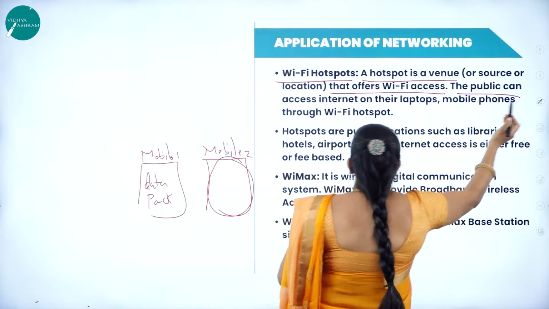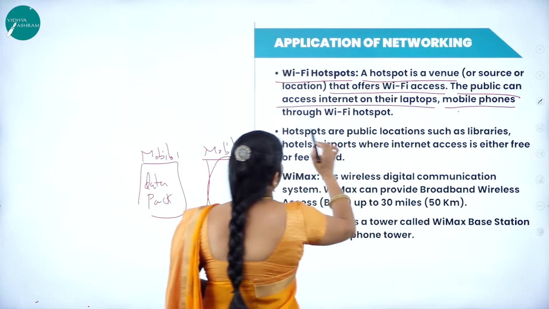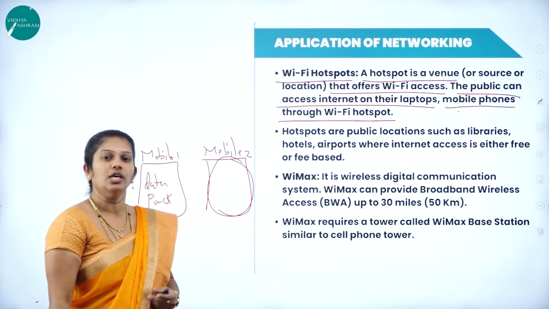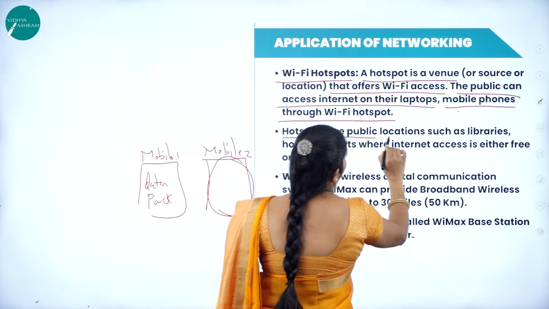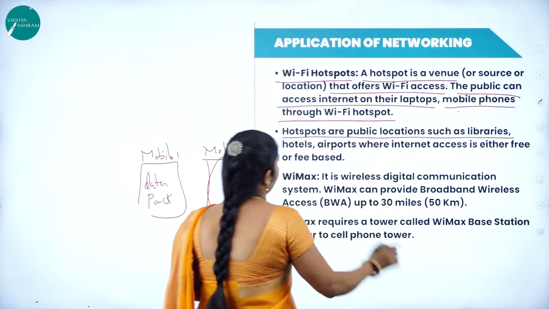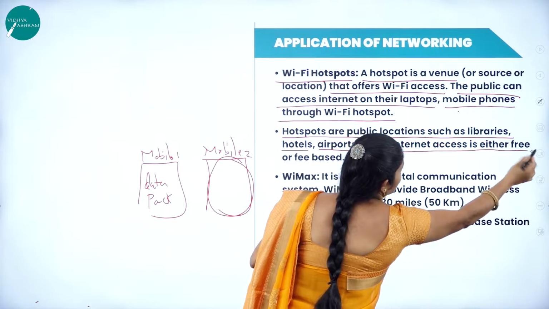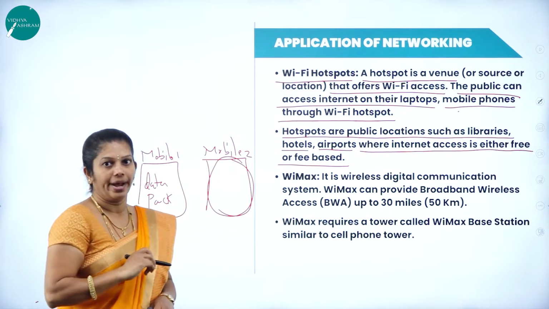The public can access the internet on their laptops and mobile phones through Wi-Fi hotspot. Hotspots are public locations such as libraries, hostels, airports, where internet access is either free or in a fee-based format.